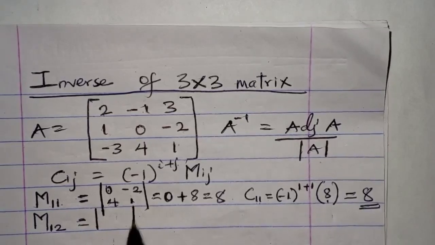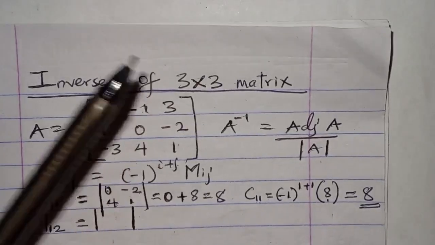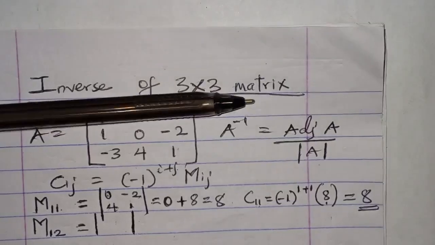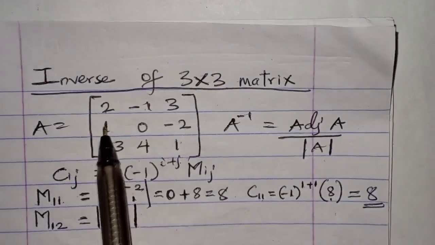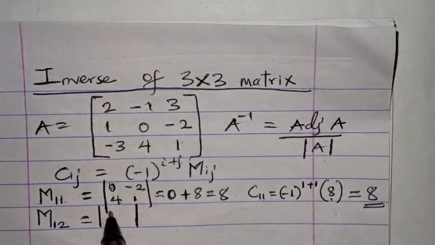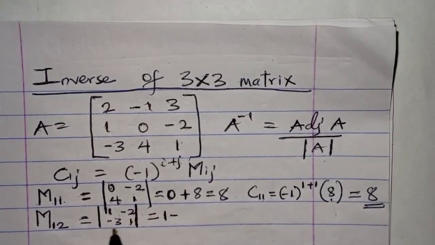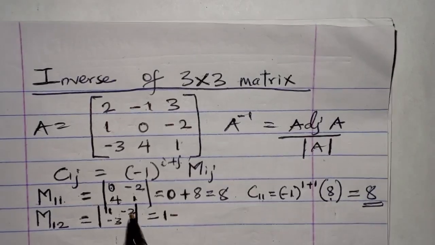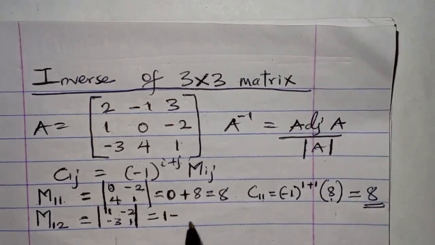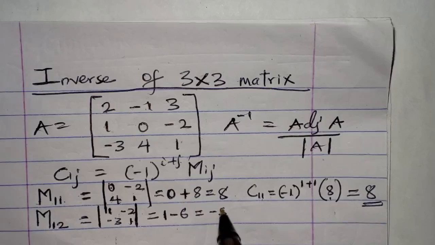It is the determinant of the matrix obtained when we close up the column of minus 1 and the row of minus 1. We'll be having the elements 1, minus 2, minus 3, 1. 1 times 1 is 1, minus 3 times minus 2 is plus 6, right? 1 minus 6 is minus 5.